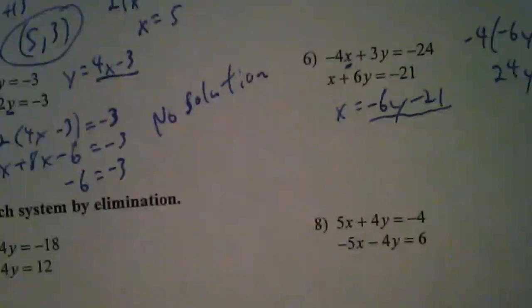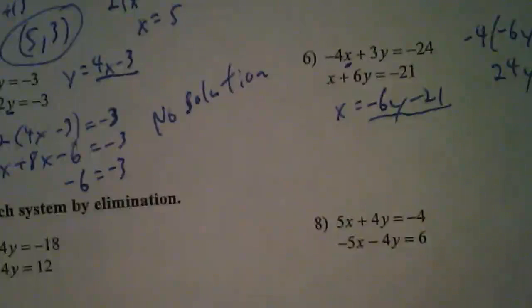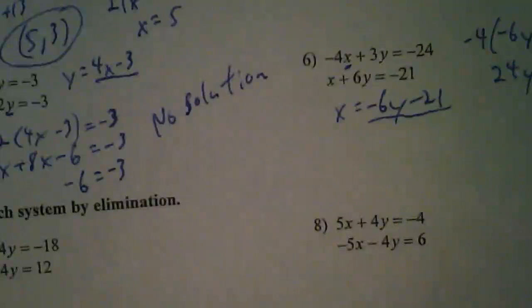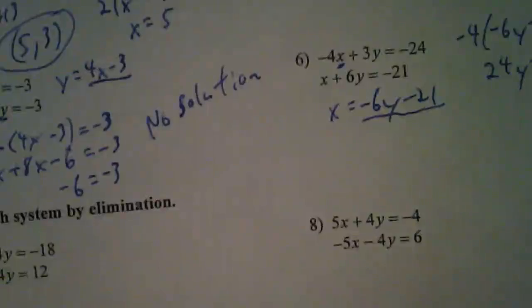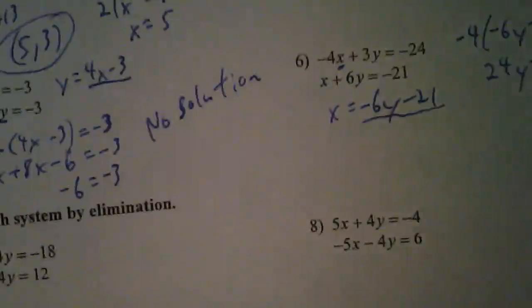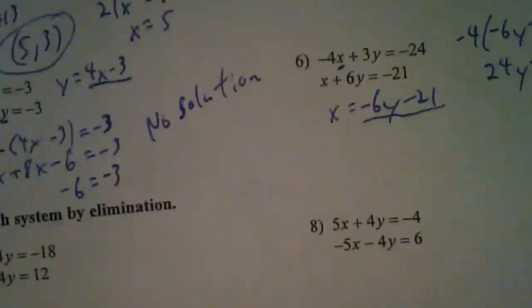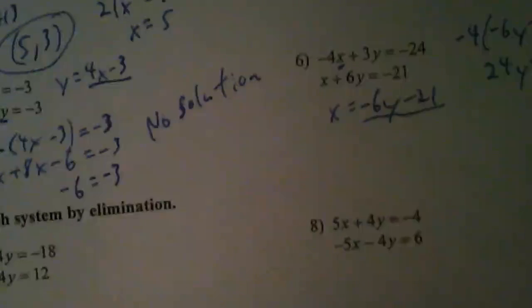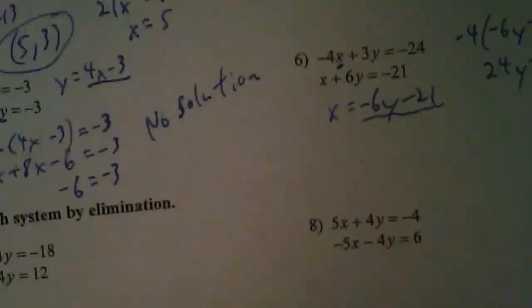So that's going to give us 108, I think. Yep. So now, divide 108 by 27. I think that goes in evenly 4 times. So y equals 4.